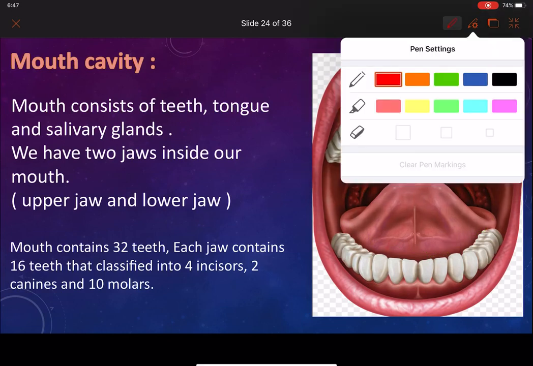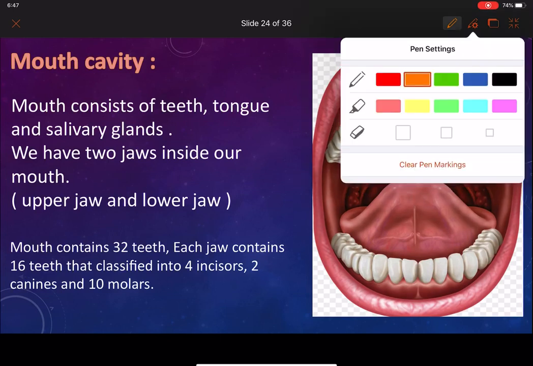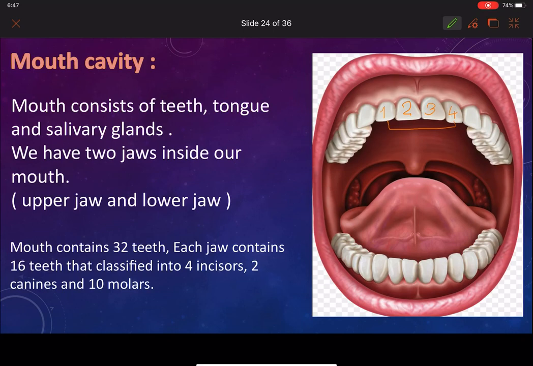Let's see. 1, 2, 3, 4. These are the 4 incisors. Okay? 1, 2. These are the 2 canines.